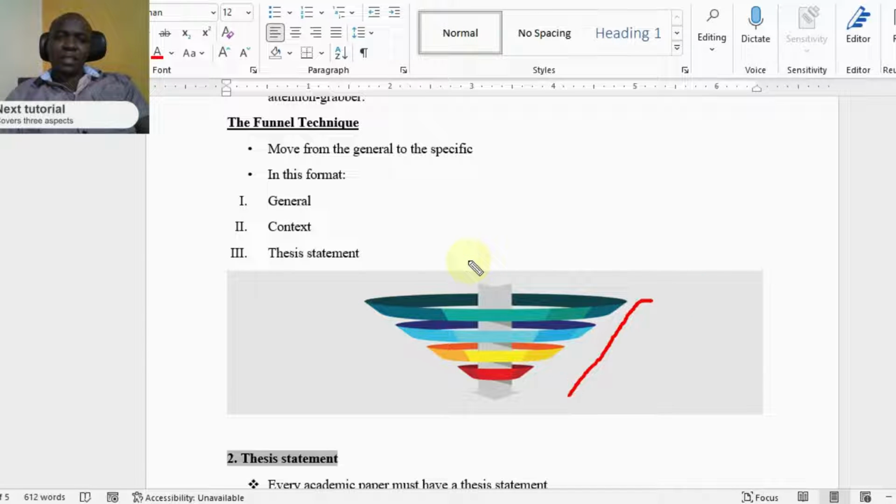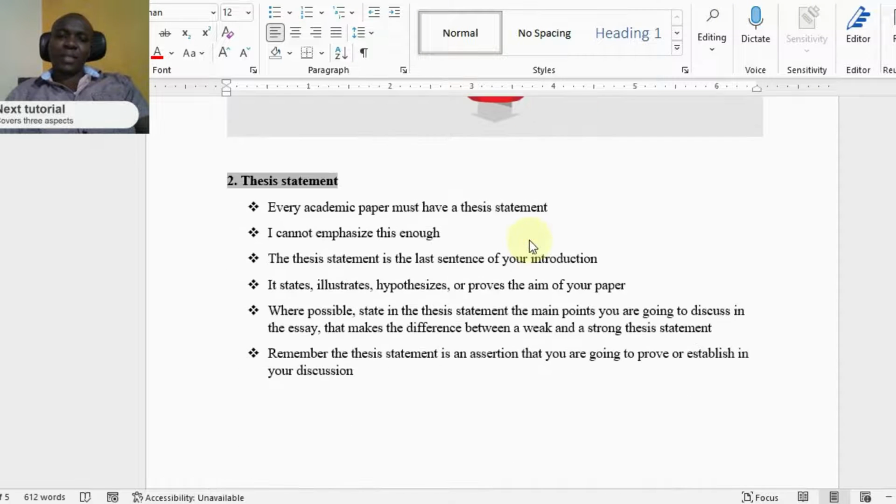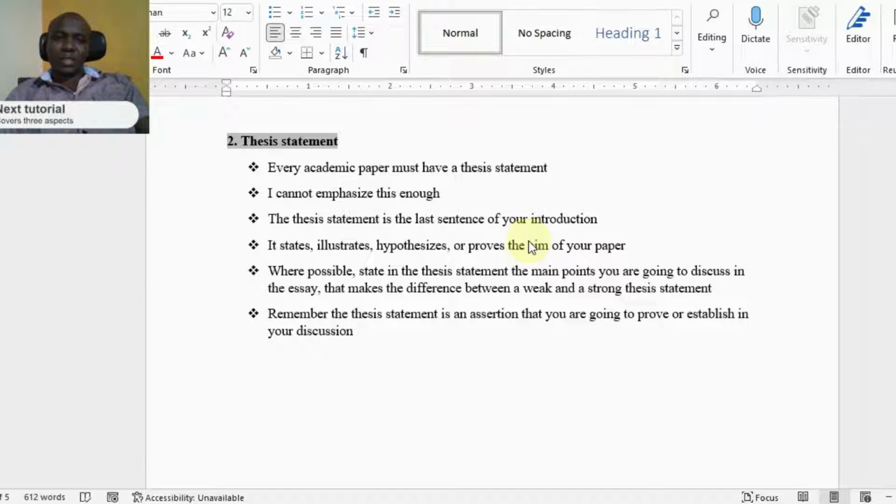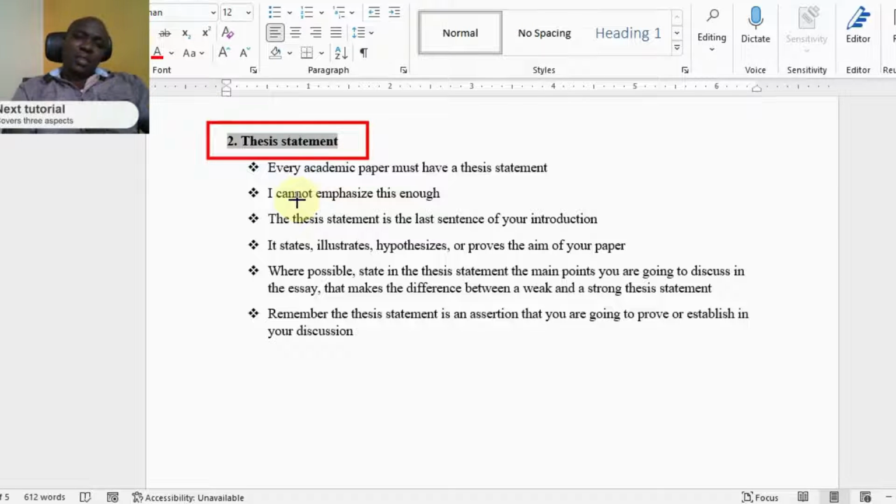Let's now look at a thesis statement. What is a thesis statement?